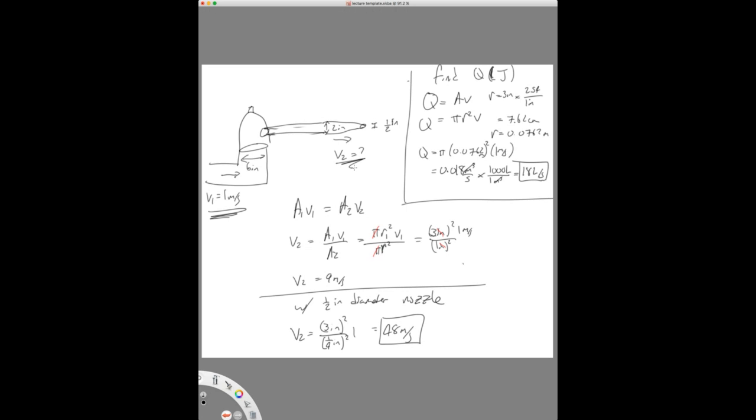So just tell me what you think. You don't have to be right, but just make your guess. Higher pressure at point 1 or at point 2, in or out?